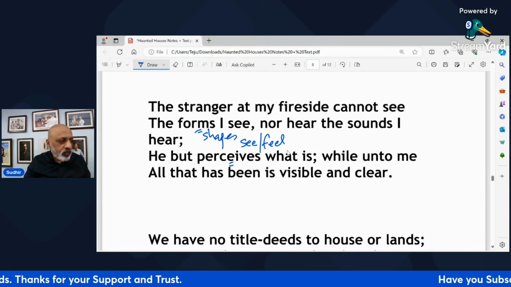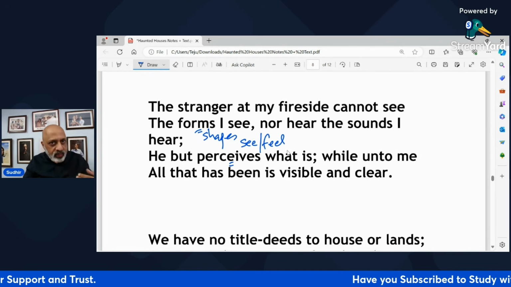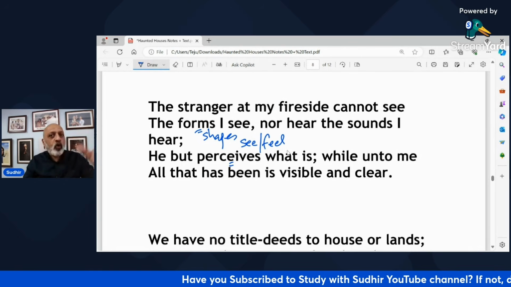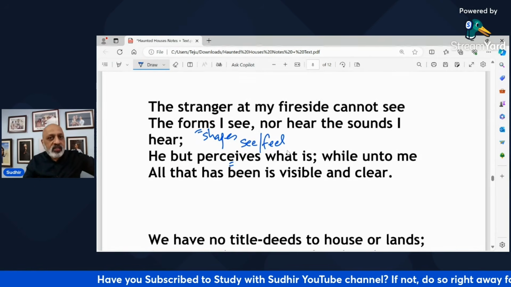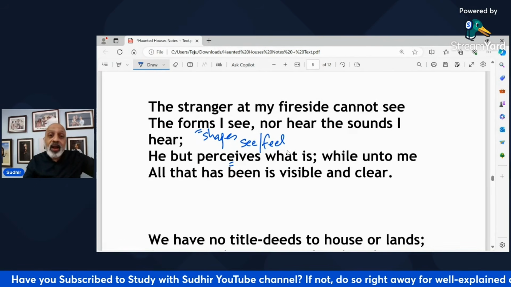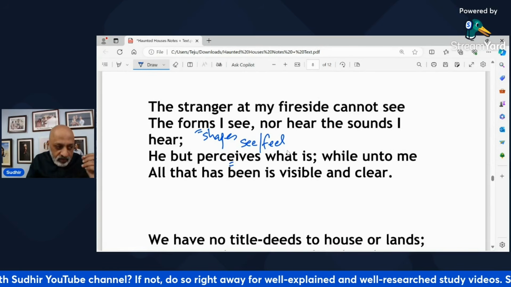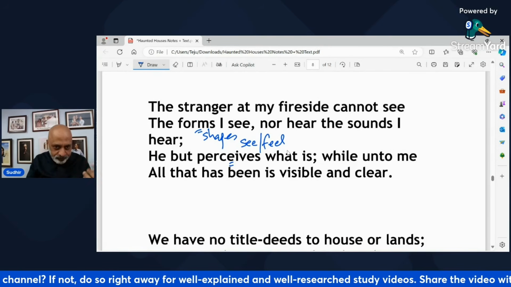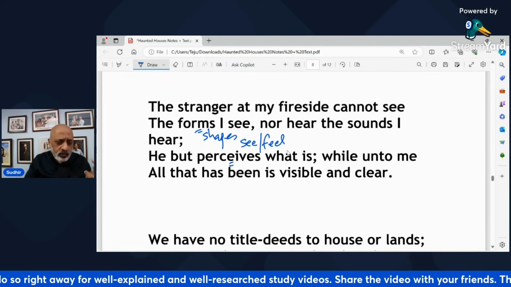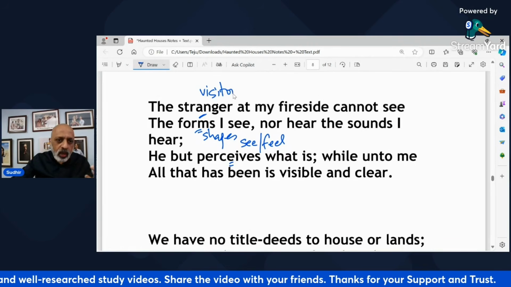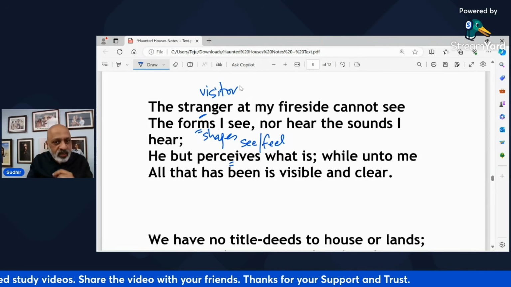Now he's talking about the narrator and a visitor. A contrast is spoken about how the narrator sees or feels, perceives, and how the visitor sees or perceives. So the visitor, who is a stranger, this is referring to the visitor to the house. So the visitor cannot see the ghost.